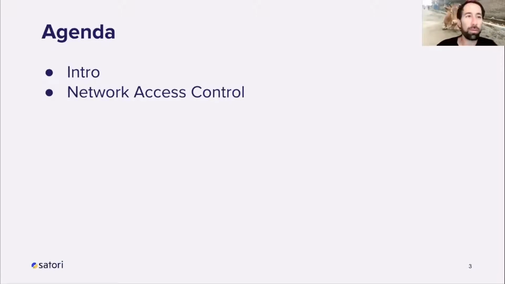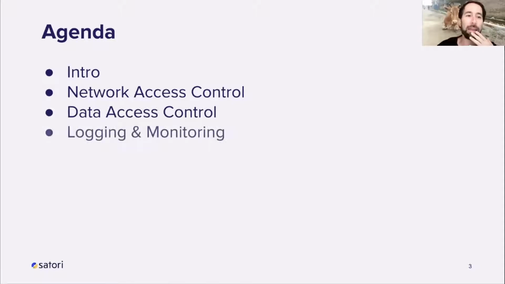We're going to cover network access control. That's a small subject in Snowflake, pretty nice and simple. Data access control, which is a huge topic, and we'll have to be very focused in data access control, and logging and monitoring in Snowflake. So I'm hoping you will get value out of this, and we'll wrap it up with some takeaways.